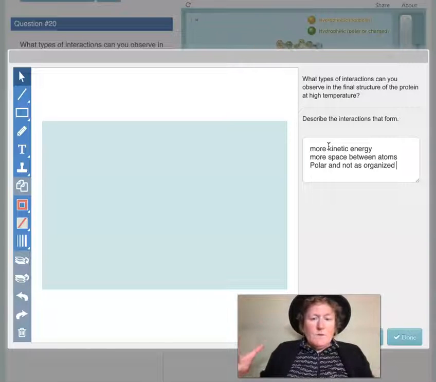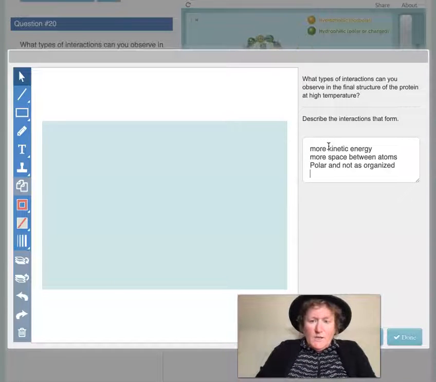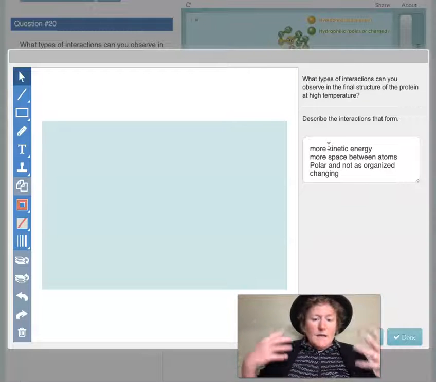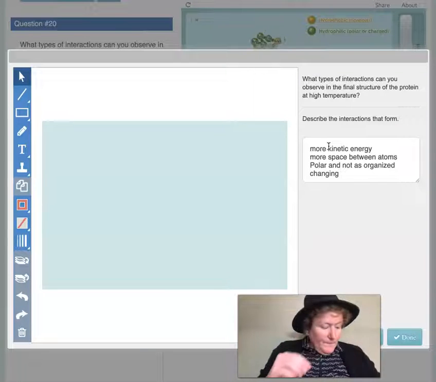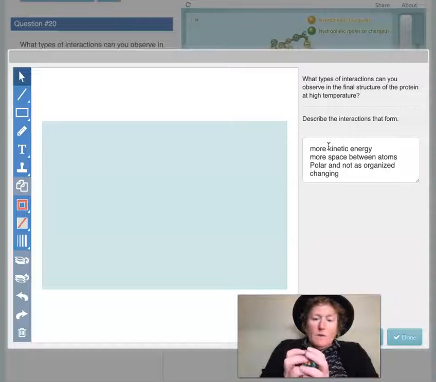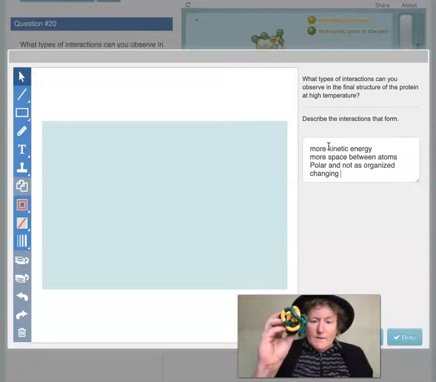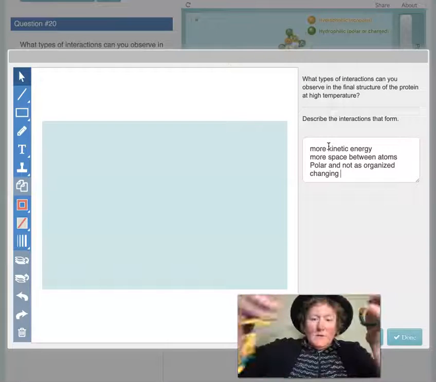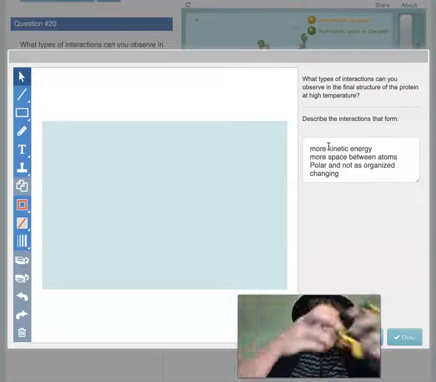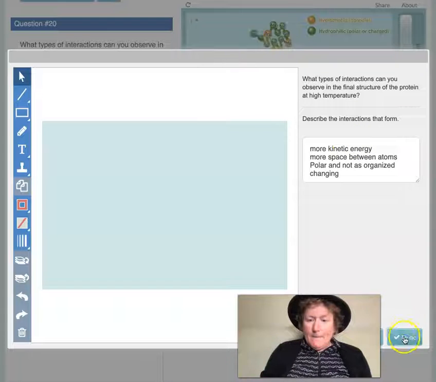It's just looser, and it's changing and wiggling around a lot more as that kinetic energy overcomes the polar forces that normally organize the model. As we add kinetic energy, things get looser and the protein isn't quite as organized.